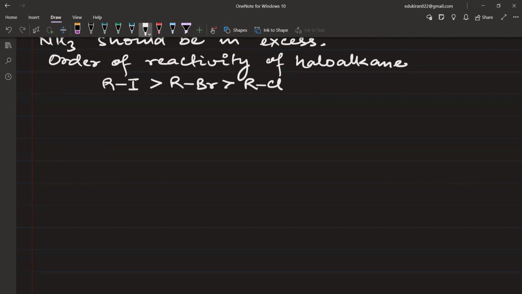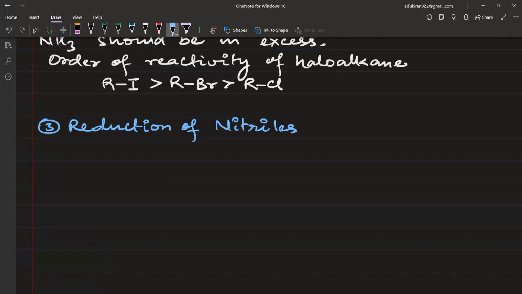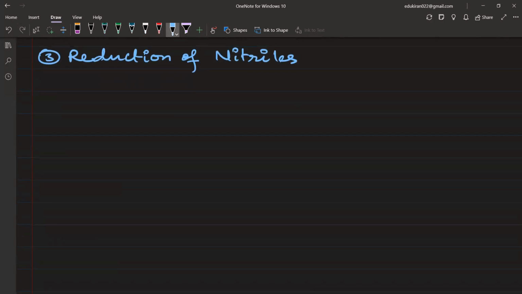Reduction of nitriles. This is the third method of preparation. Now you can use 3 different reducing agents for this. Please write the 3 different reducing agents. You can have lithium aluminium hydride, LiAlH4.